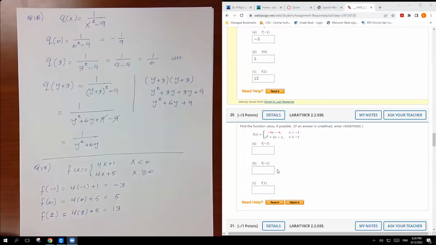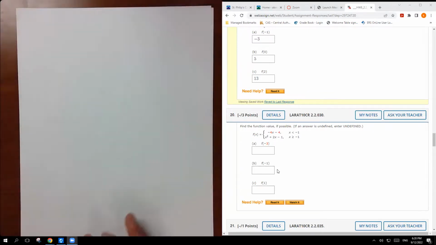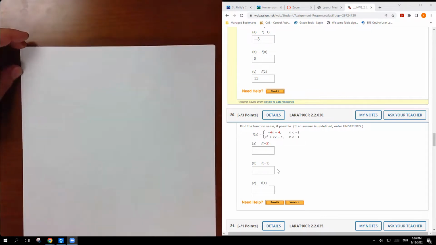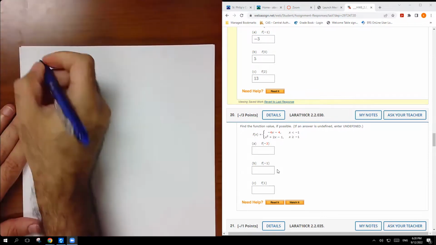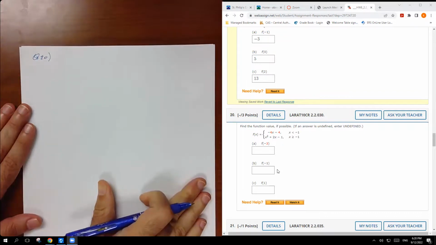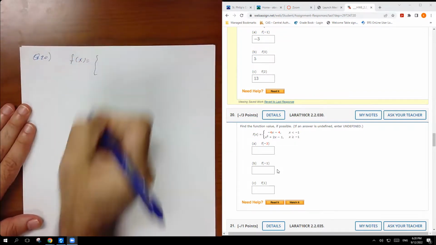Next example, you're going to do exactly the same thing. Another one, question 20. Now be careful. For this one, we have f of x with 2 pieces.